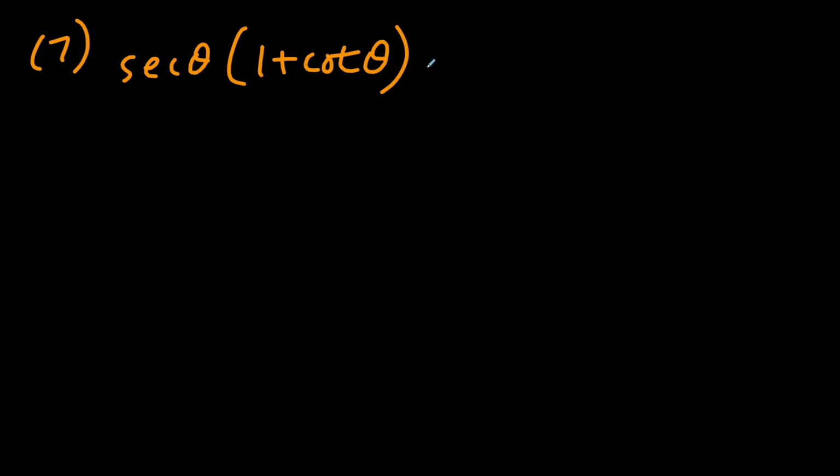And for the last question, question 7, we're going to look at secant theta times, in parentheses, 1 plus cotangent theta, close the parentheses, minus cosecant theta times 1 plus tangent theta. This expression is very messy. So the best thing I would do here is convert this stuff first.